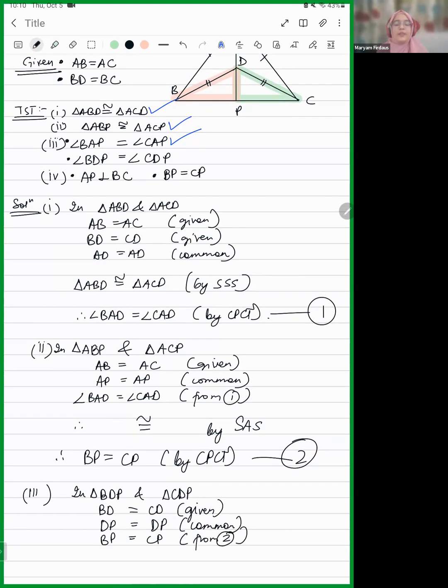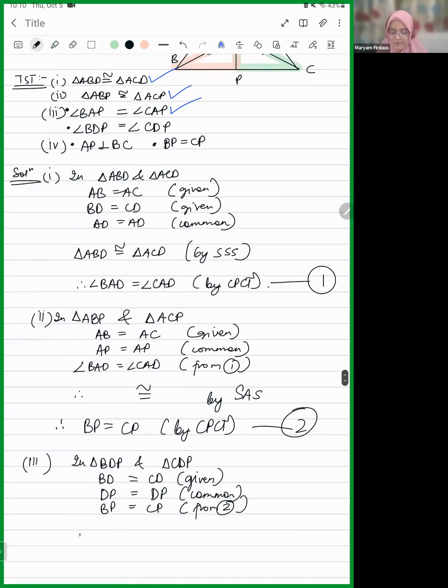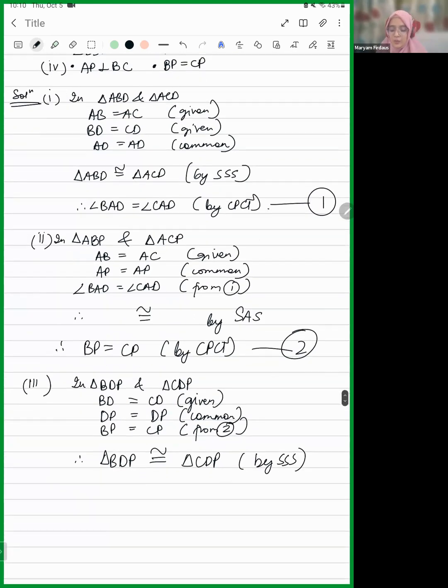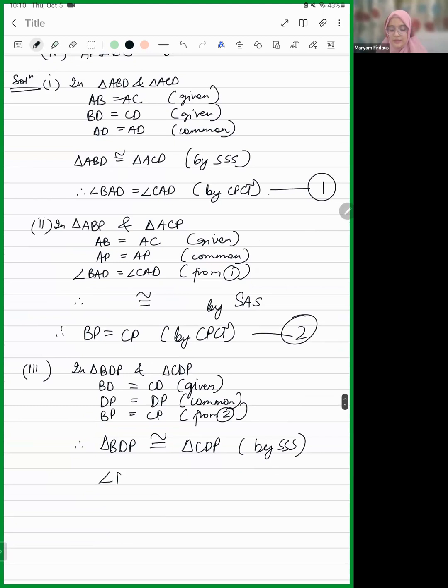Therefore, Avni, now what can we write after this? By SSS congruence, you will say that triangle BDP is congruent to triangle CDP. Okay. Then the next step will be, you will say angle BDP is equal to angle CDP by CPCT.